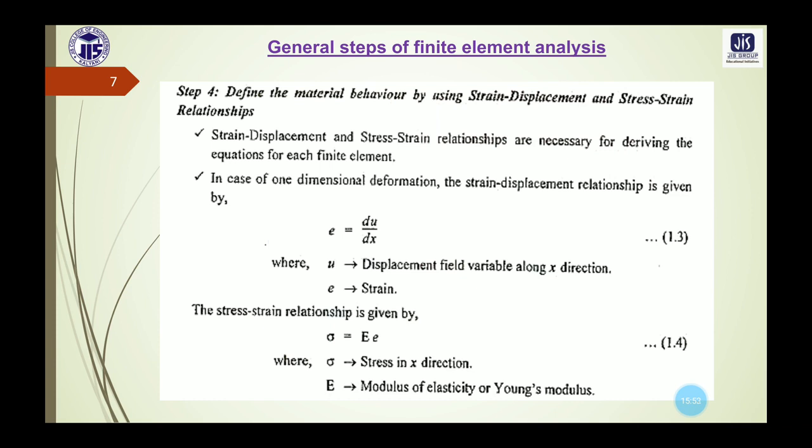Again, the stress-strain relationship is represented as σ = E·e. Here σ is the stress in the x direction, capital E is the modulus of elasticity or Young's modulus, and small e is the strain. So this is the representation of Hooke's law that is known to us.